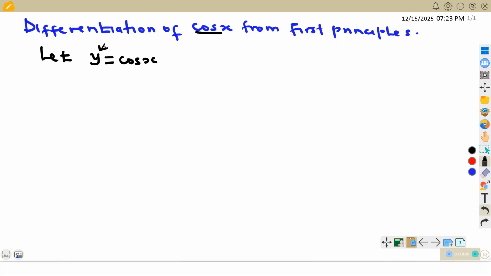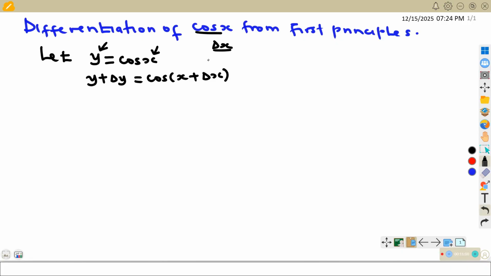An increment in x, that is a delta x, brings about an increment in y. For that case, we shall be saying that y plus delta y will be the same as cos of x plus delta x.